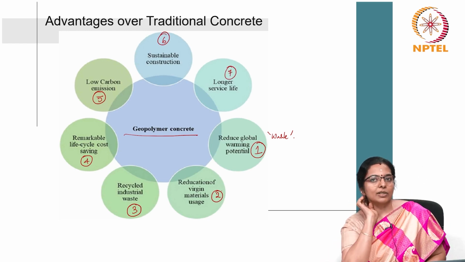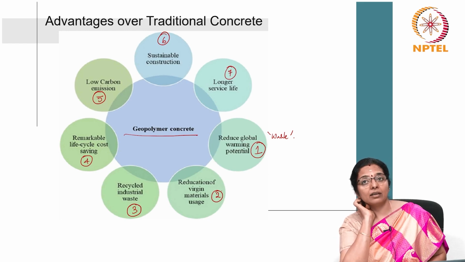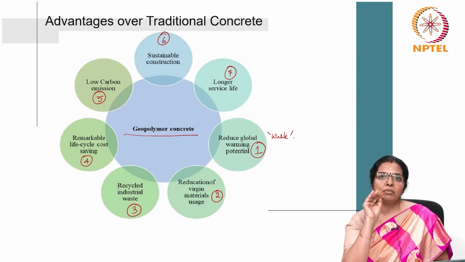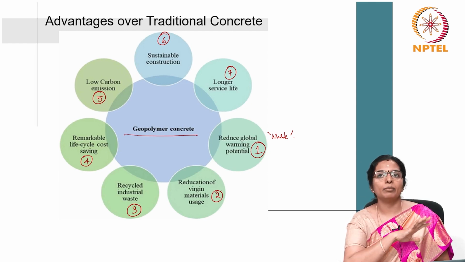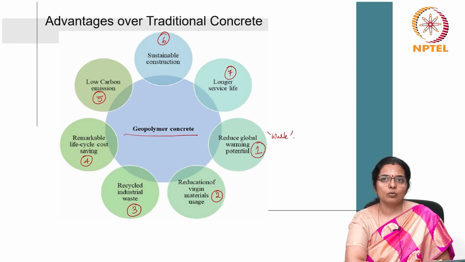So, geopolymers utilize recycled industrial waste, minimizing reliance on virgin resources and reducing the construction industry's environmental footprint. Unlike cement production, which generates significant carbon dioxide emissions, geopolymer manufacturing boasts a much lower carbon footprint, contributing to the fight against climate change.